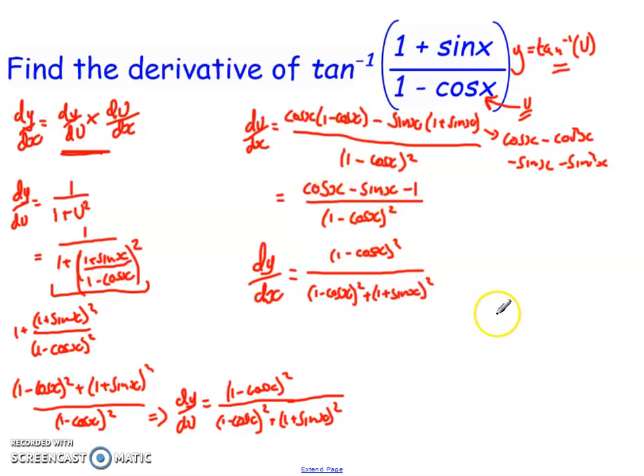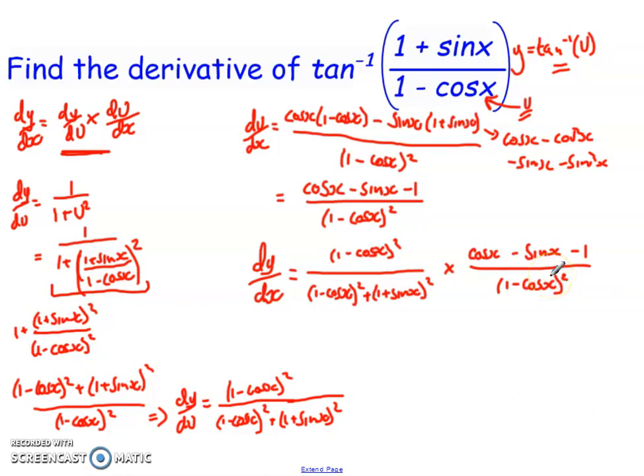That's then going to multiply cos x minus sin x minus 1 all over (1 minus cos x) all squared.